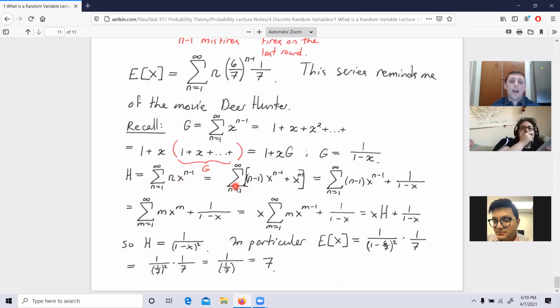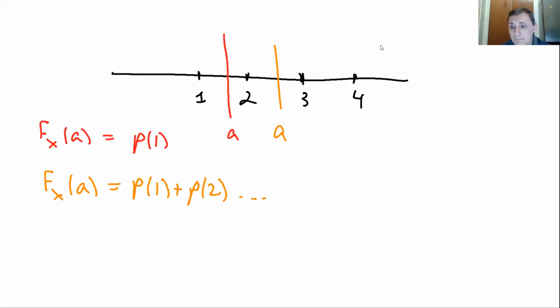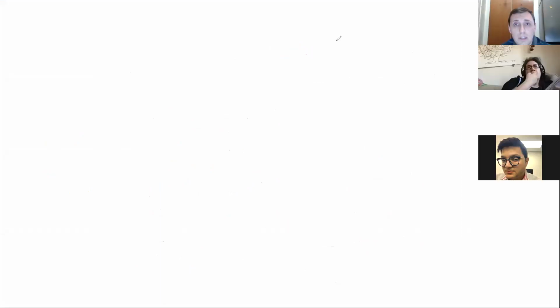Well, I can still break it apart. It's best to keep it in this form, but I will write it as n minus 1 times x to the n minus 1 plus x to the n minus 1. Let me show you just in case you are not seeing it, in slow motion. This is what we're doing, guys. How do I sum up?